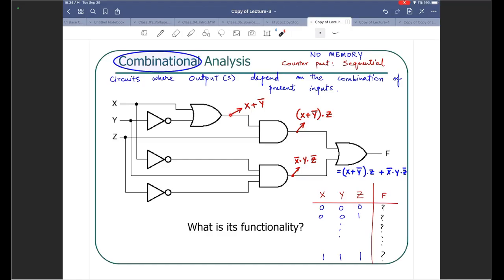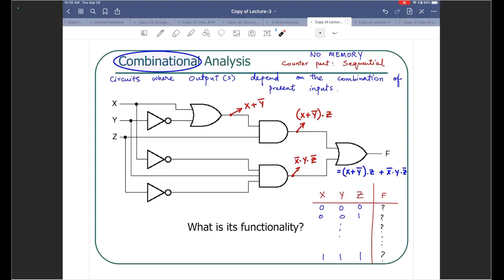So for example, the output of the OR gate over here is simply X or Y complement. Similarly, we did that for the other outputs as well, and then we eventually wrote the final output F as a logic expression.